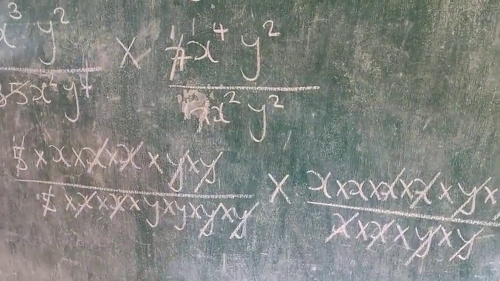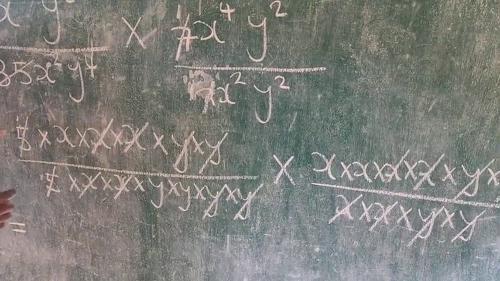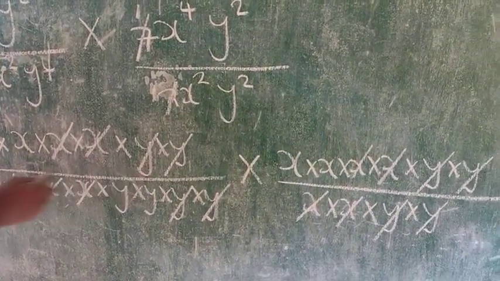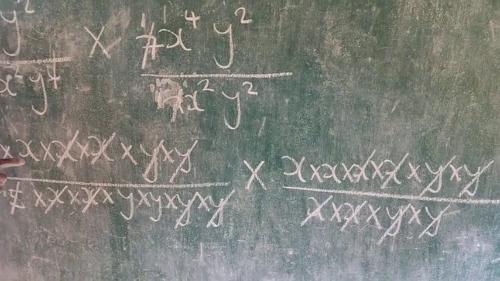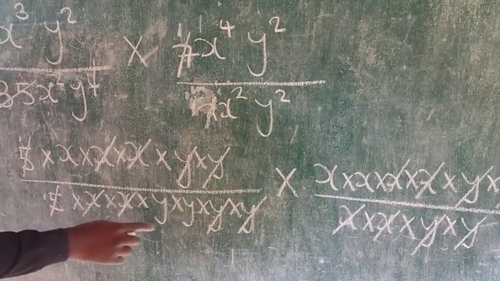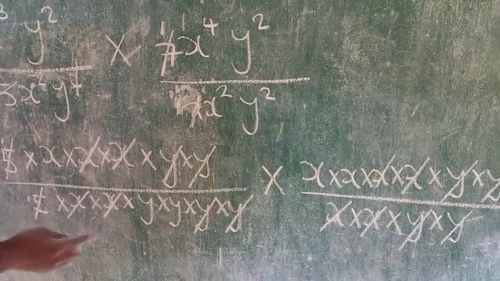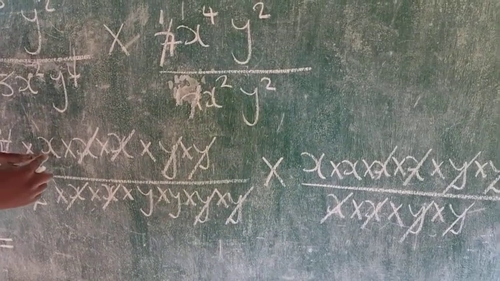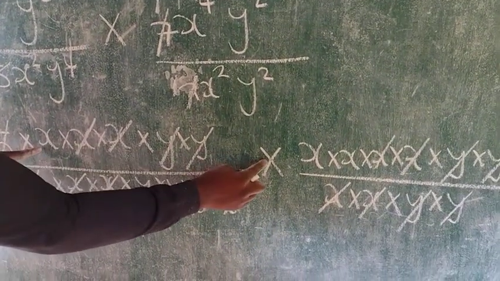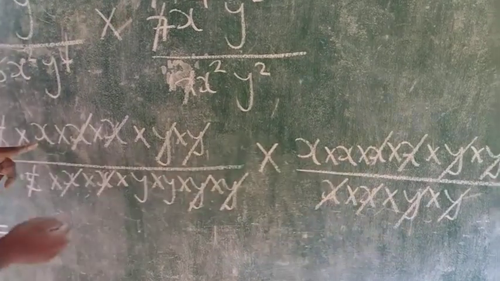So let's see what we are remaining with. We have cancelled almost everything. We are remaining with this x, and for the denominator, we are remaining with y times y. This x will be multiplied with x times x, because it's the one you are remaining with.